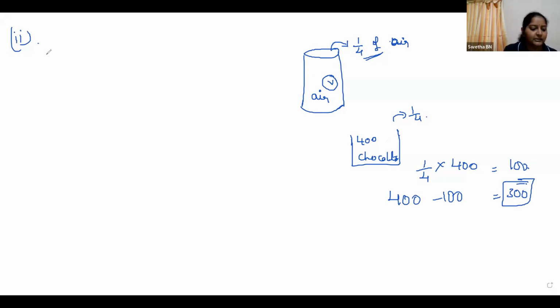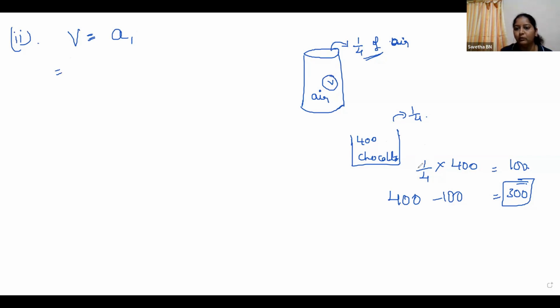So this step I'm writing here. Let V be the volume of air in the cylinder. I'll write step by step, along with the example, so that you can understand easily. So the volume of the air in the cylinder is taken as V. Now what are you going to do?